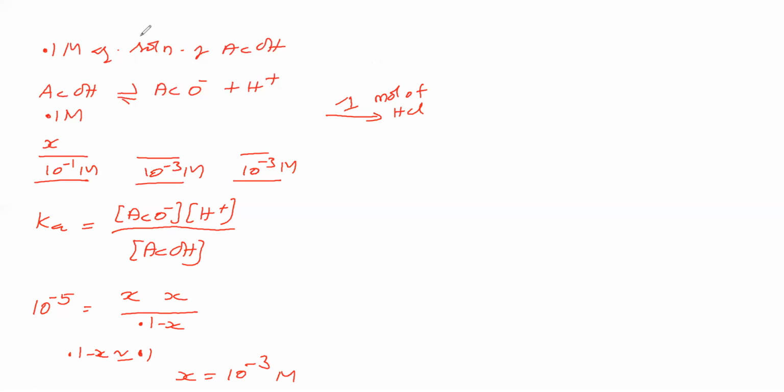This acetic acid solution is 1 liter, and I am adding 1 mole of HCl into this. So what will happen? Now I will see. This acetic acid gives acetate ion and H plus ion.